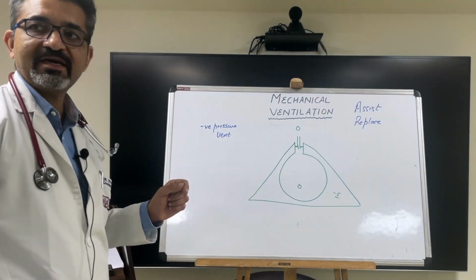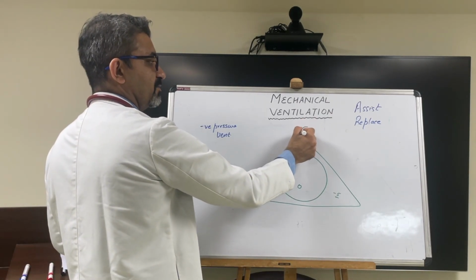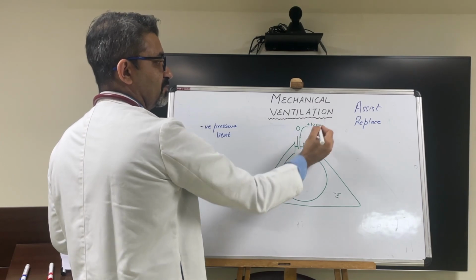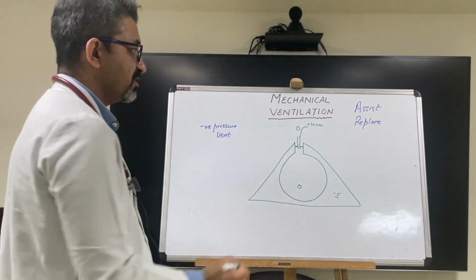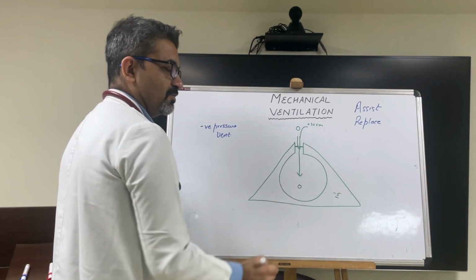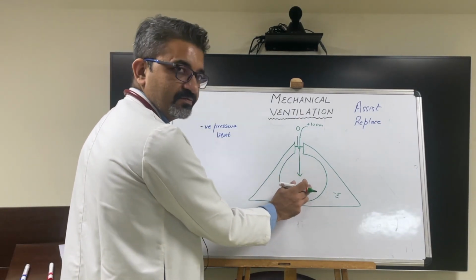Now you apply a positive pressure through the tubing. So I apply plus 10 centimeters of water. Obviously there is a pressure gradient now, plus 10 and 0. Air will rush in through the endotracheal tube. It starts stretching. The pressure increases.